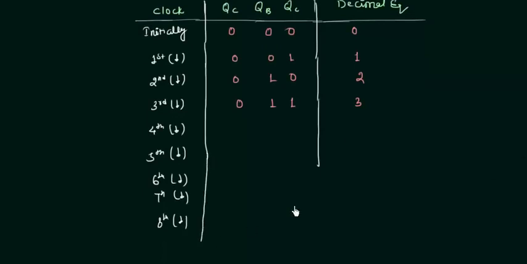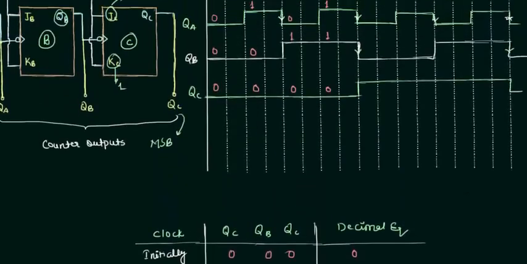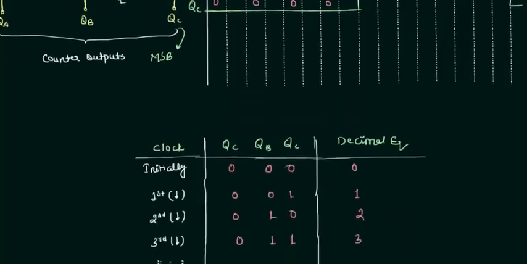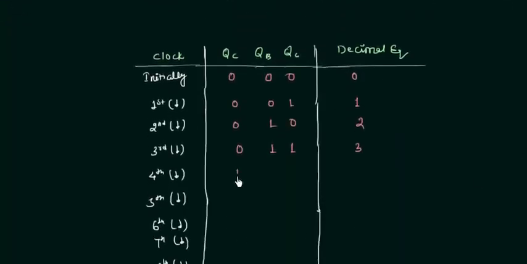Let's complete this table quickly, then we have to draw some important results. For the 4th falling edge, the value of QA is 0, the value of QB is 0, and for the first time the value of QC goes high, that is 1. So for the 4th falling edge I have 1, 0, 0, which is the equivalent of 4.